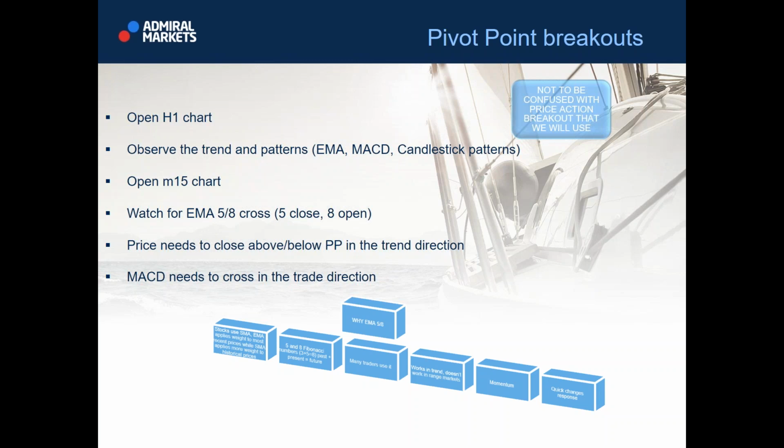SMA applies more weight to historical prices, and because you're actually trading moment breakouts for quick scalps, you want to use EMA because it applies weight to the most recent prices. 5 and 8 are Fibonacci numbers. 3 plus 5 equals 8, or past plus present equals the future, right? Also, many traders use it. It's a popular combination. It works in trend, but doesn't work in range markets.